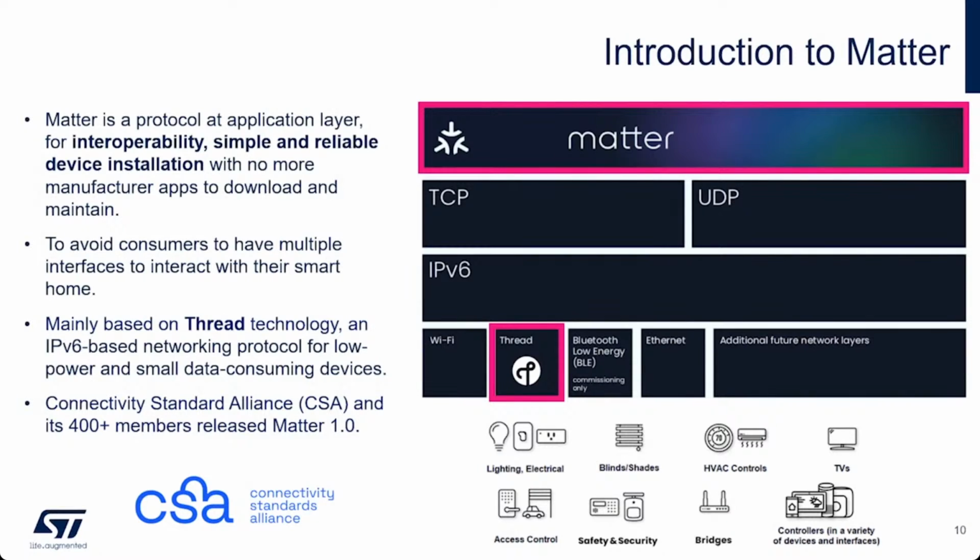The commissioning process on Thread networks is different than on Matter networks, but in both cases, NFC can ease the process. The Connectivity Standards Alliance and its 400 plus members, including major companies such as Apple, Google, Amazon, Legrand, IKEA, Philips, released Matter in October.